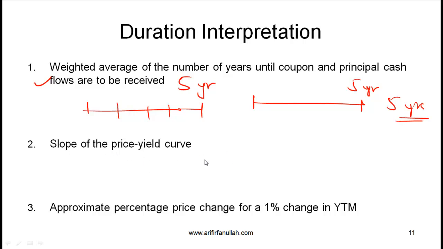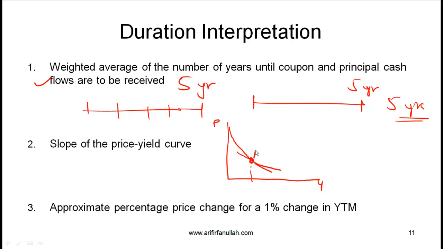Another interpretation that I have implied throughout this lecture is that the duration is the slope of the price yield curve. So just to do it one final time, if we draw again our price yield curve, we have something like this. The duration at any given yield is the slope of the curve at that yield.